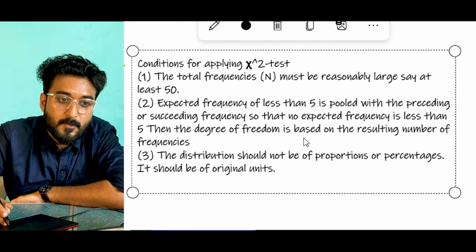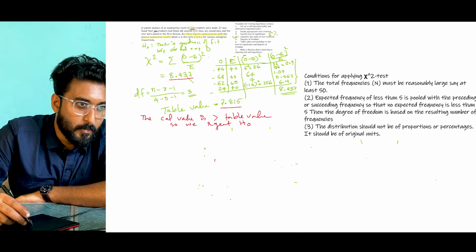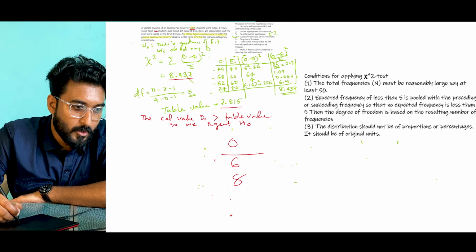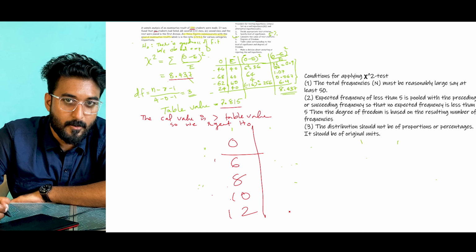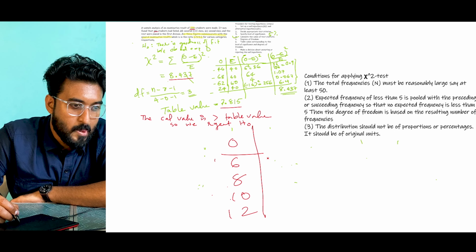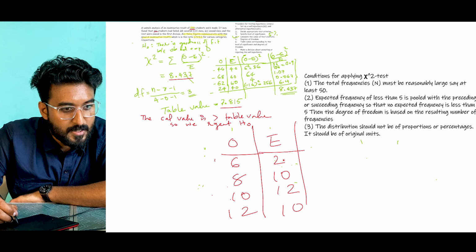Then the degrees of freedom is based on the resulting number of frequencies. For example, our observed frequencies are 6, 8, 10, 12, and expected frequencies are 2, 10, 12, 10. In this situation, you can see that this 2 is less than 5.